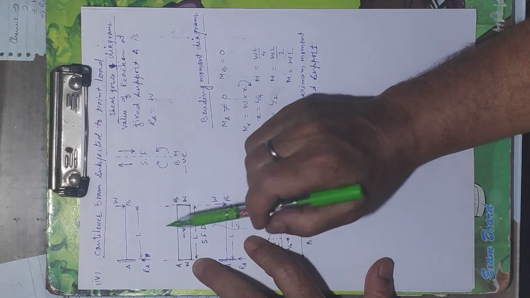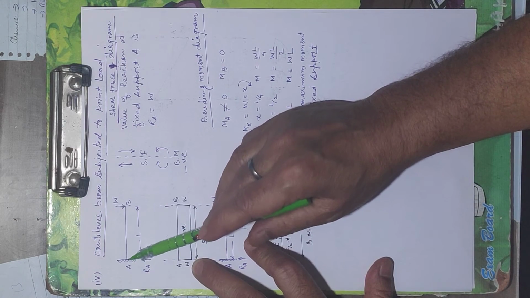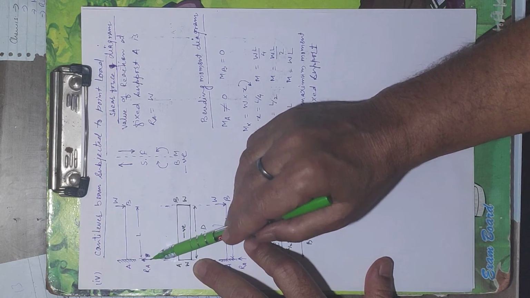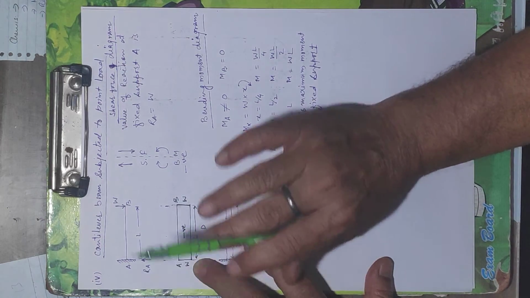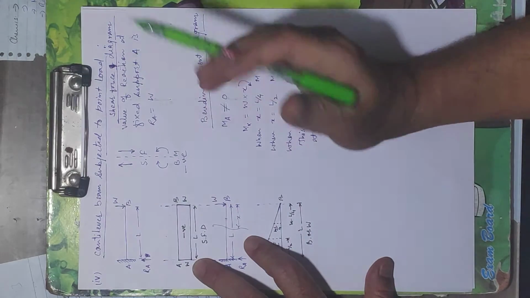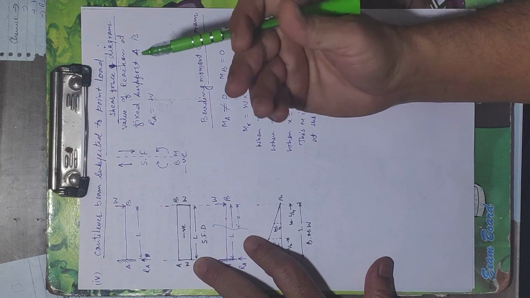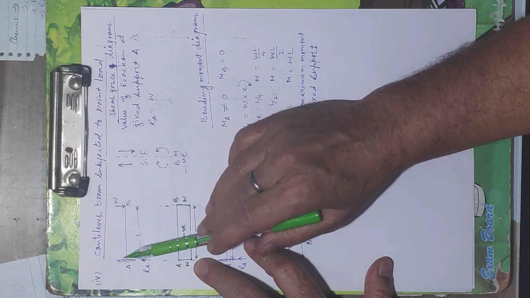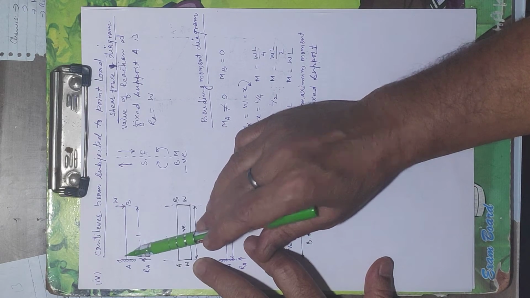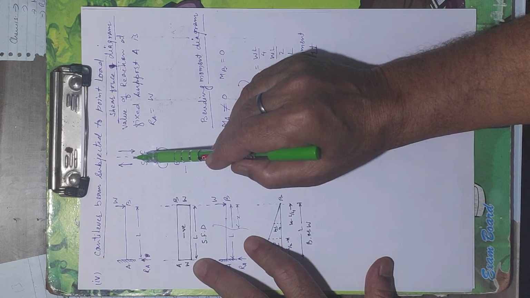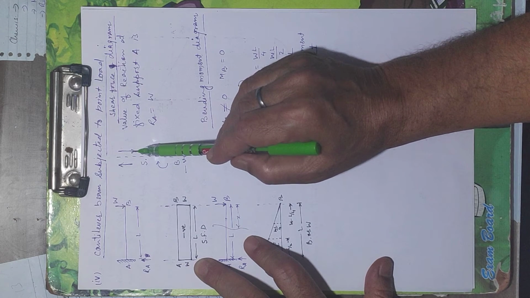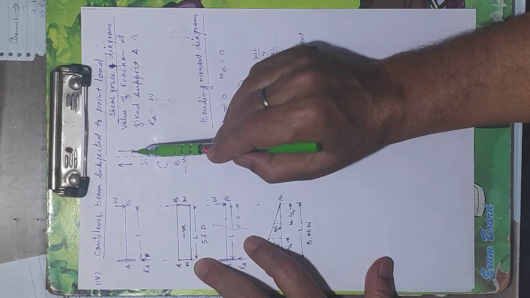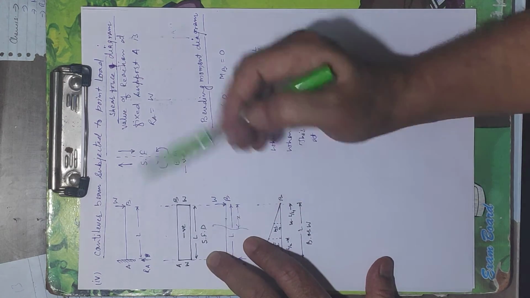Then we have taken the section at A. RA is upward. We take the forces on the right side or left side, this is the definition of shear force. So we take RA on the right side, at section A. If the load is upward, RA is upward, so it would be taken as positive.